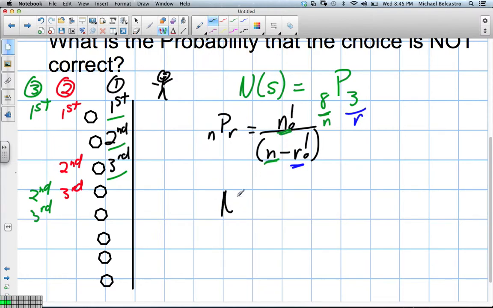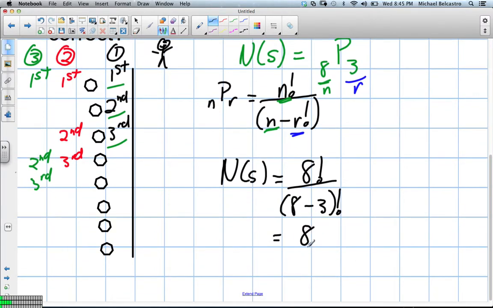So our NS is equal to 8 factorial divided by 8 minus 3 factorial. We'll quickly do that fraction there. 8 minus 3 will be 5, so we have 8 factorial divided by 5 factorial. We'll briefly write this over here on the side to do a quick calculation.